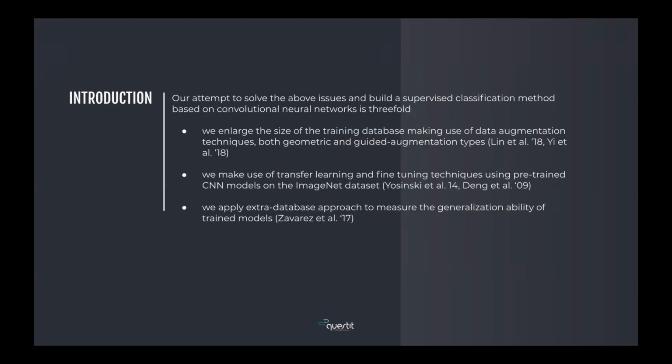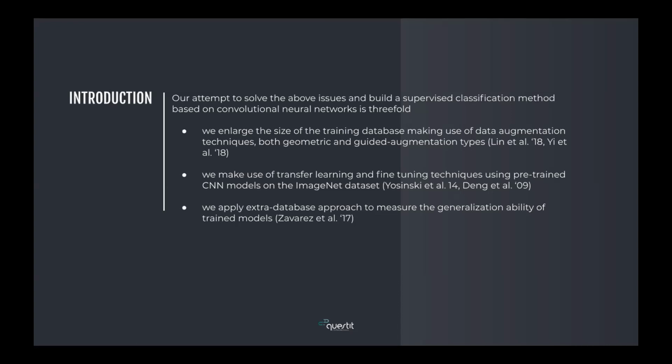Our attempt to solve the above issues and build a supervised classification method based on convolutional neural networks is threefold. So we have these issues and we try to get around them with three steps. We enlarge the size of the training database, making use of data augmentation techniques, both geometric and guided augmentation type.